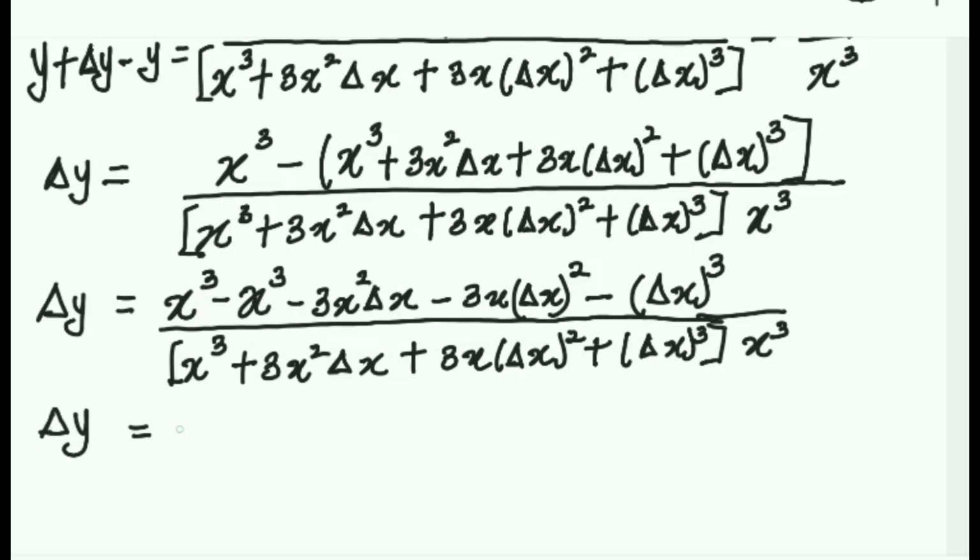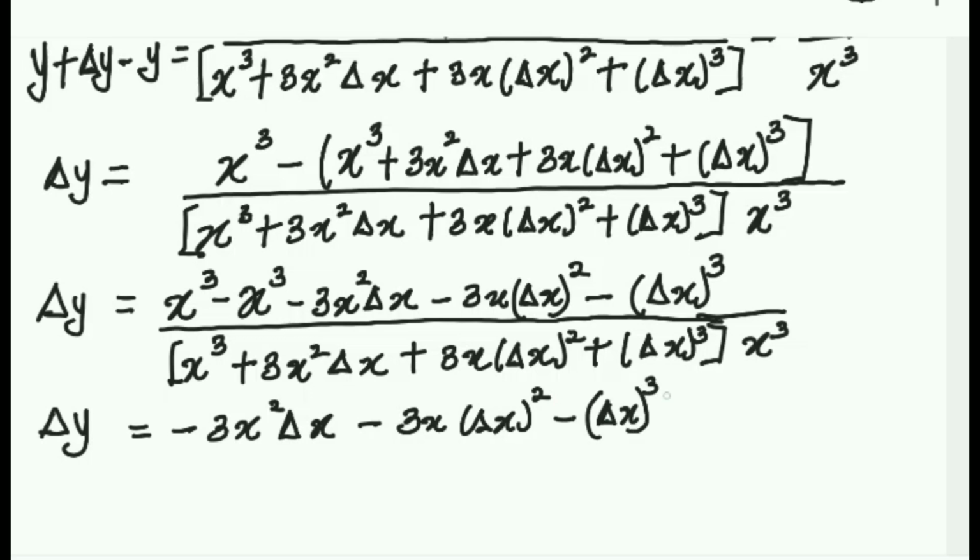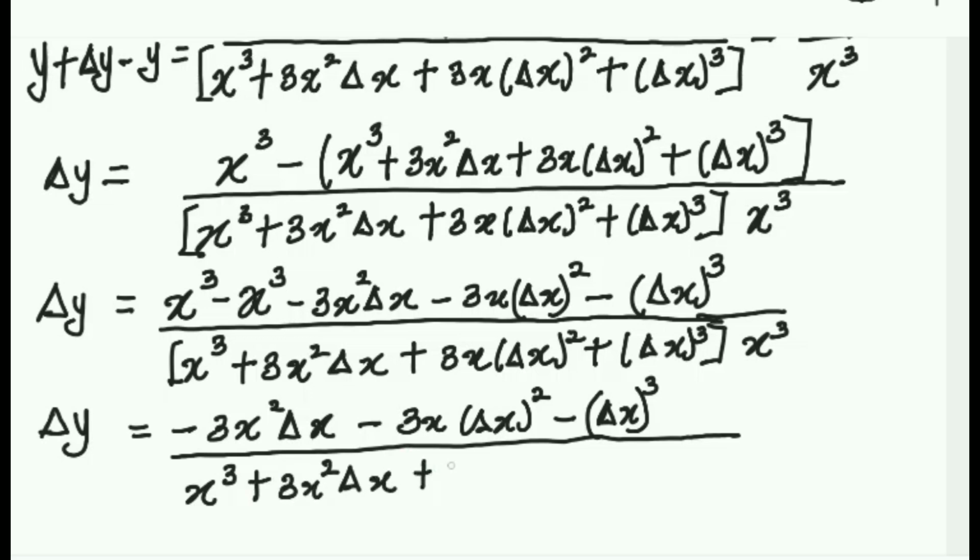So change in y equals to minus 3x squared change in x, minus 3x change in x all squared, minus change in x raised to power 3, divided by x cubed plus 3x squared change in x plus 3x change in x all squared plus change in x raised to power 3.